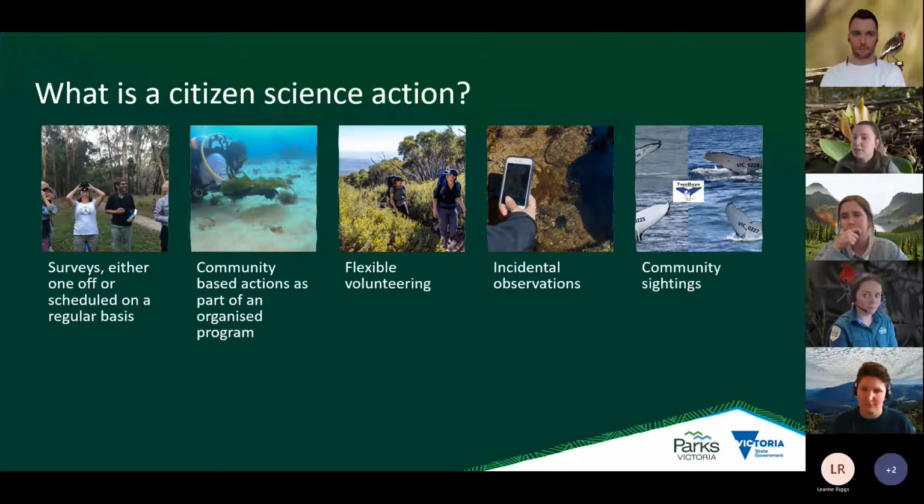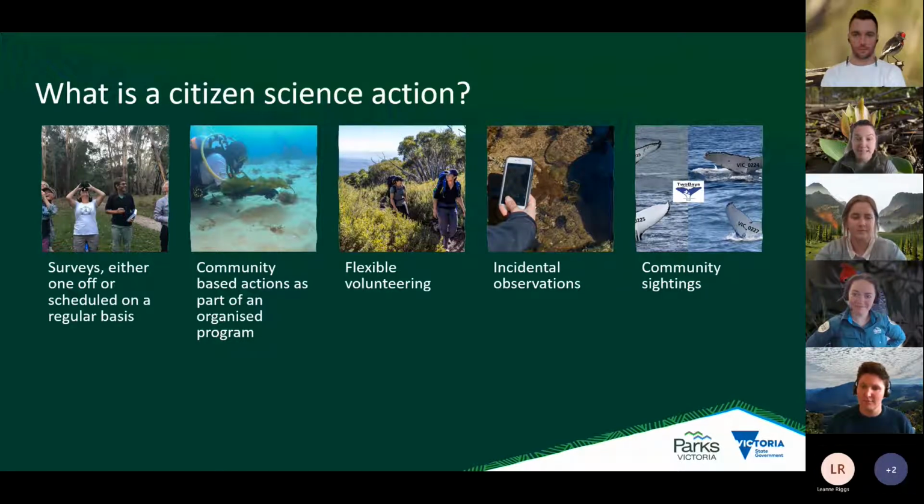You might even come across the ability to be a citizen scientist by taking incidental observations, and I think this is a really emerging field of citizen science as we take advantage of some of the really awesome platforms that are out there. And also community sightings. I'm not sure if anyone has been keeping track of all of the whale sightings that have been happening in the last couple of months.